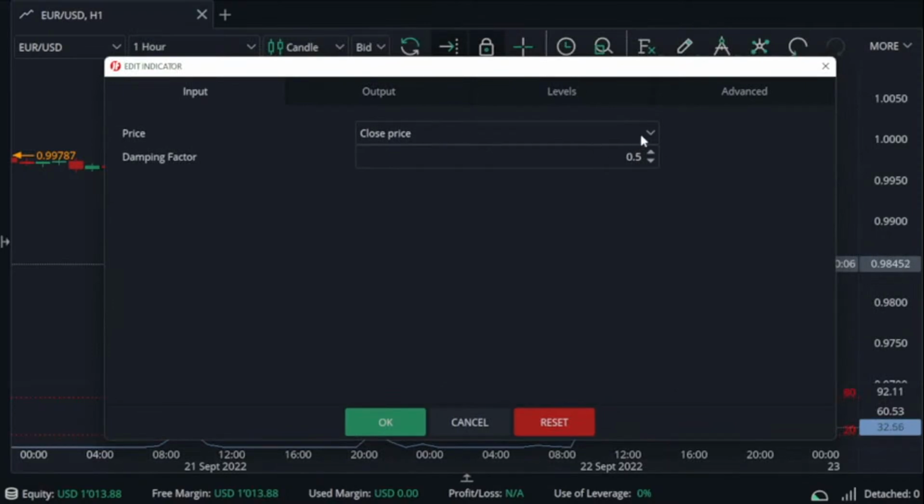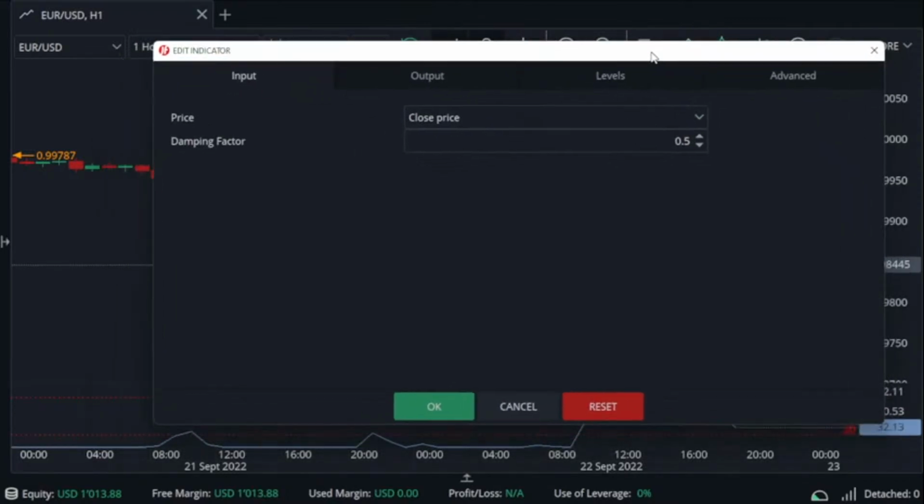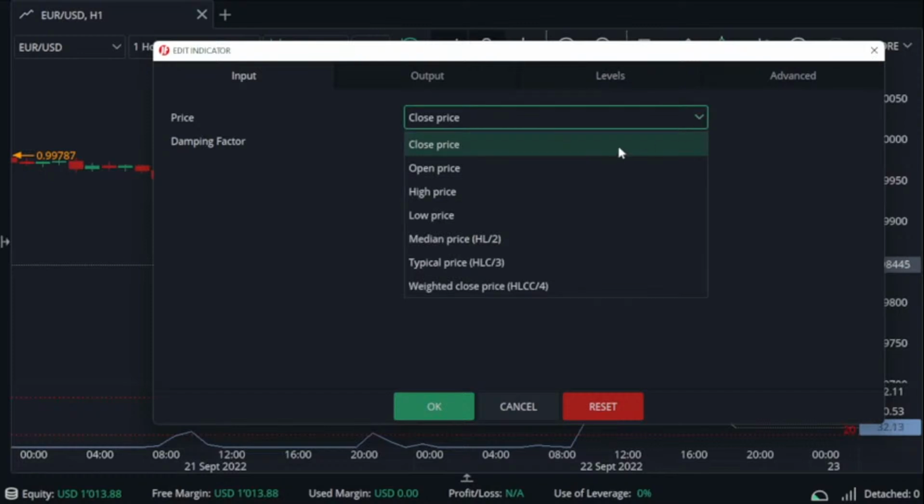Now for price, we can go for different types of input prices: the close price, open price, high price, low price, median price, typical price, and weighted close price. So all these seven types of input prices are available for us.